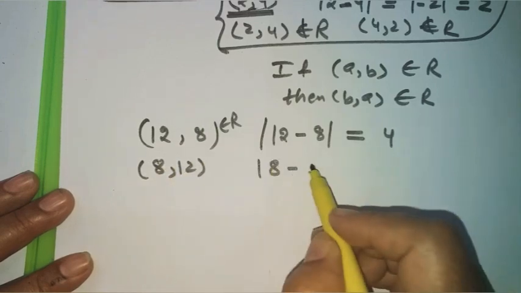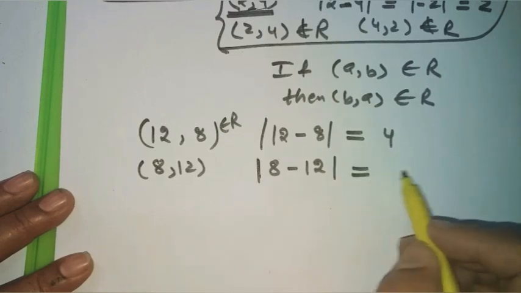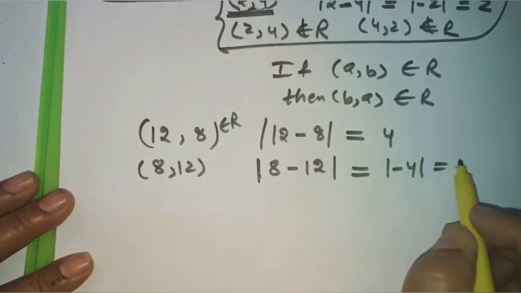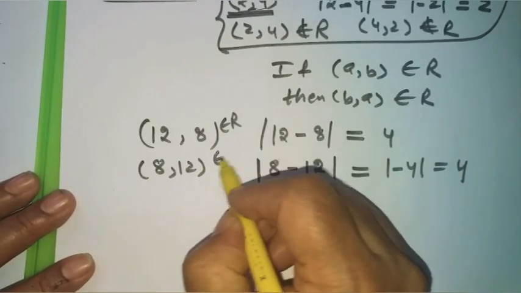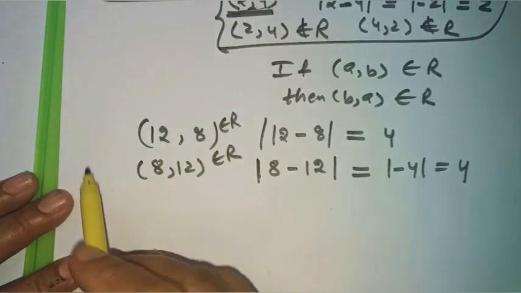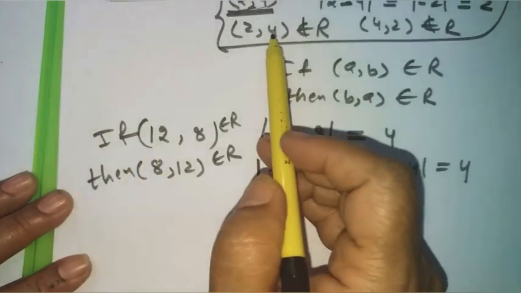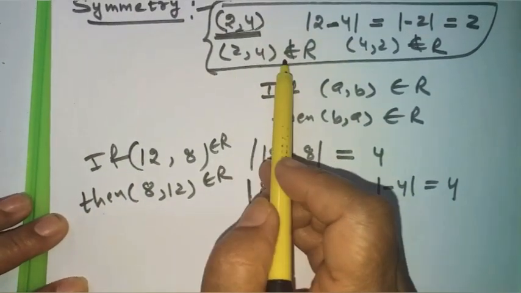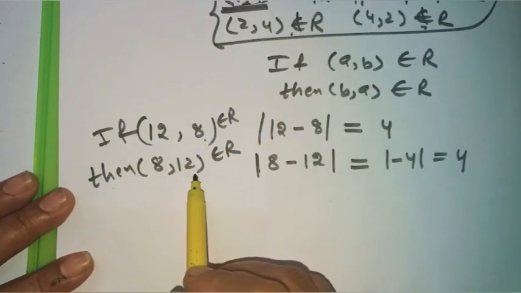I take the modulus of the difference of 8 and 12, which is modulus of minus 4, which is 4, also a multiple of 4. So I can see that this also belongs to R. So whenever (12, 8) belongs to R, then (8, 12) belongs to R. Here, since this was not belonging, this was also not belonging. Here, since this is belonging, this is also belonging.